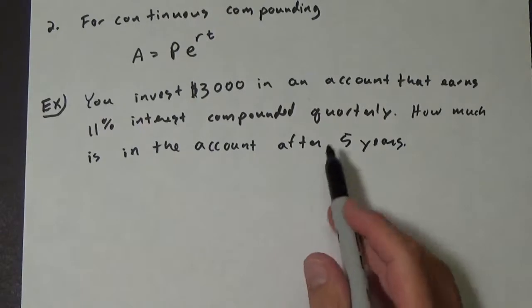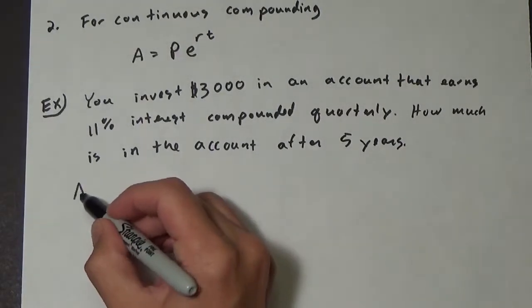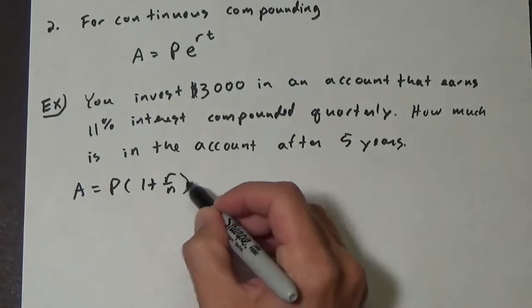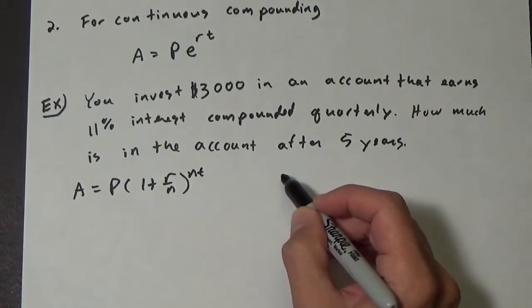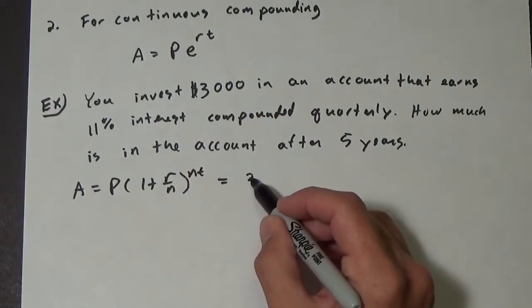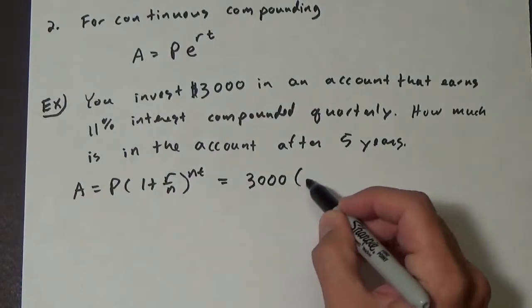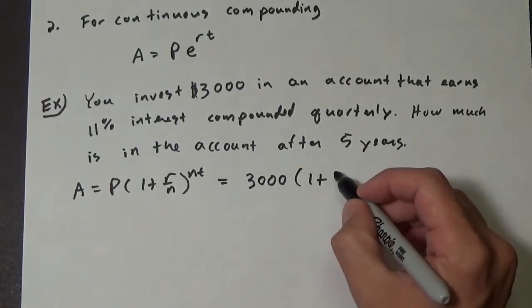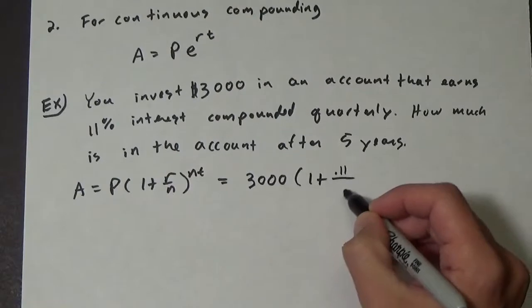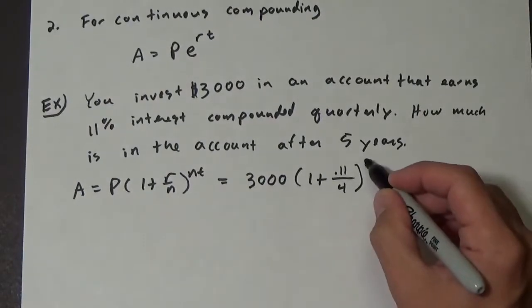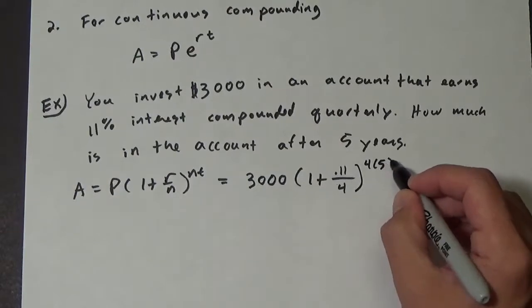Okay, so because it's quarterly, we need to put in A equals P times (1 plus R over N) to the NT. Okay, so our principal is 3,000. R is 11%. Now remember, you have to write the percent as a decimal. N, we're quarterly, so quarterly is 4. And we have 4 times 5.